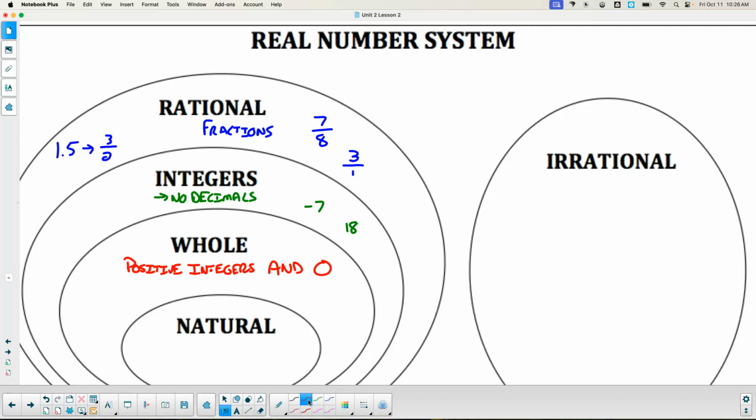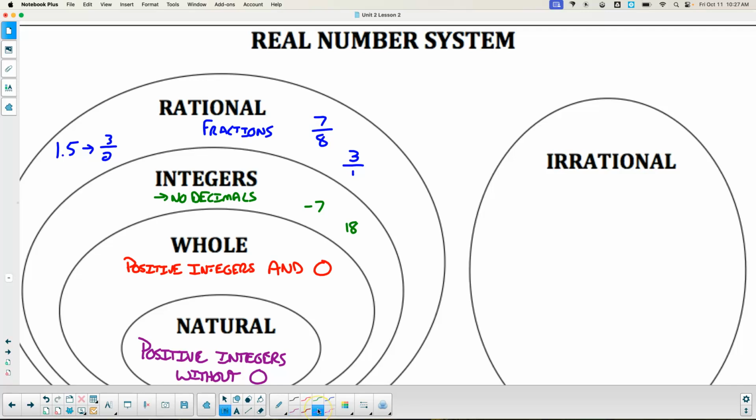Natural numbers are positive integers without zero.